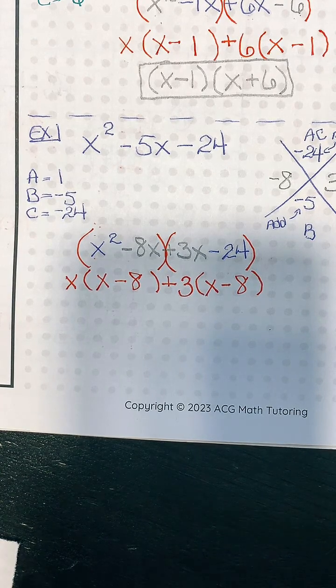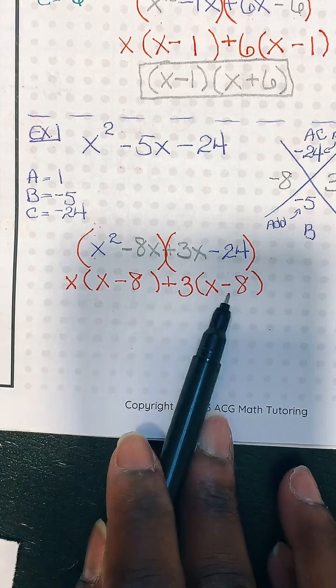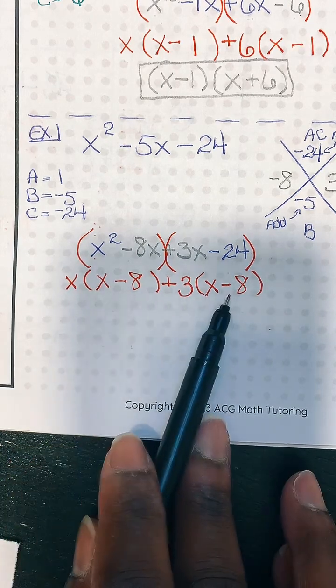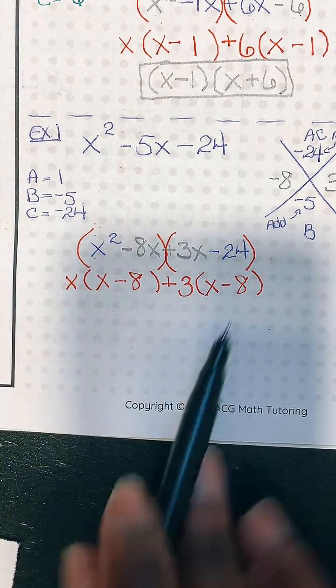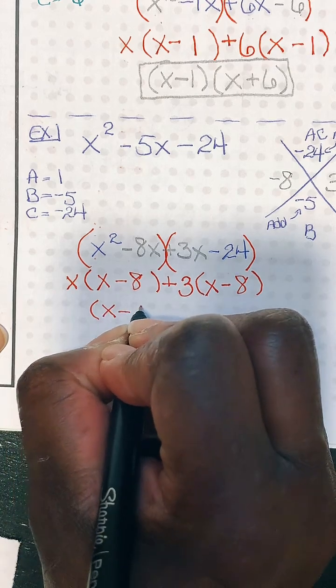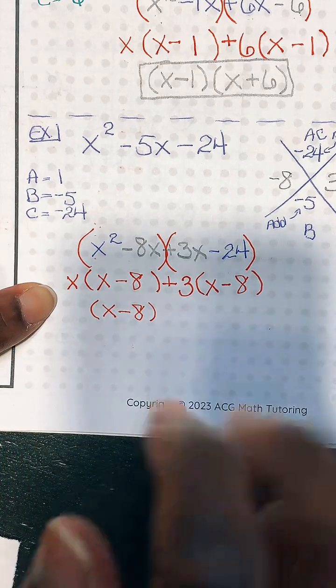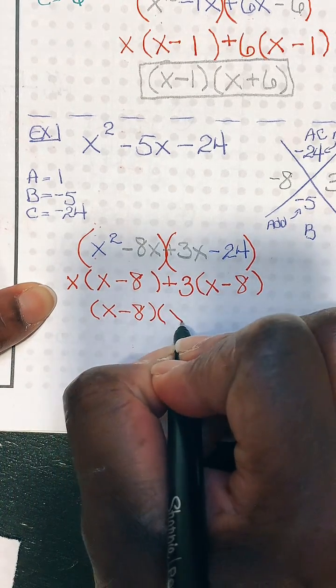All right. So now, inside your parentheses are exactly the same. So that's the GCF of this line. So I'm going to give them their own parenthesis. And then what's outside of the parenthesis, they get their own parenthesis.